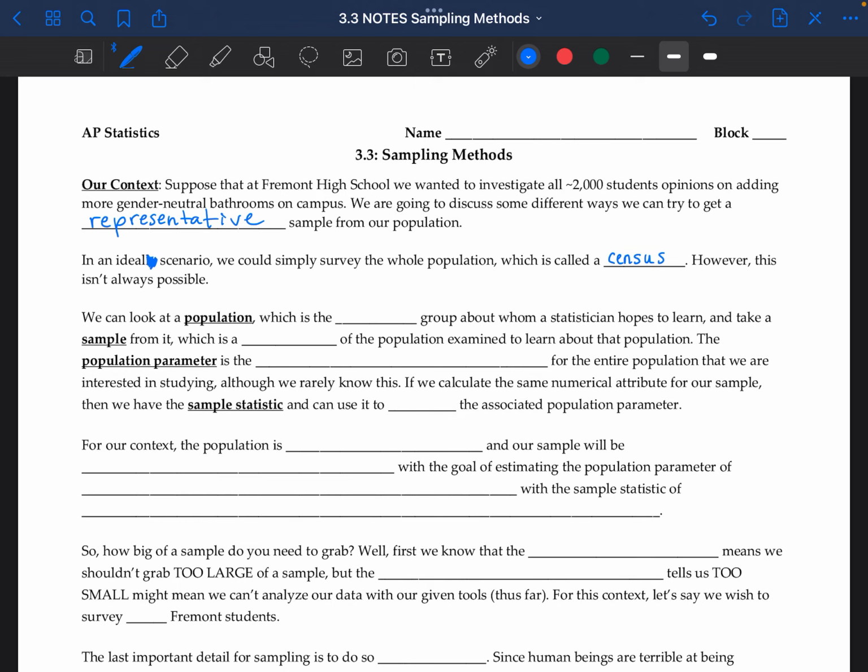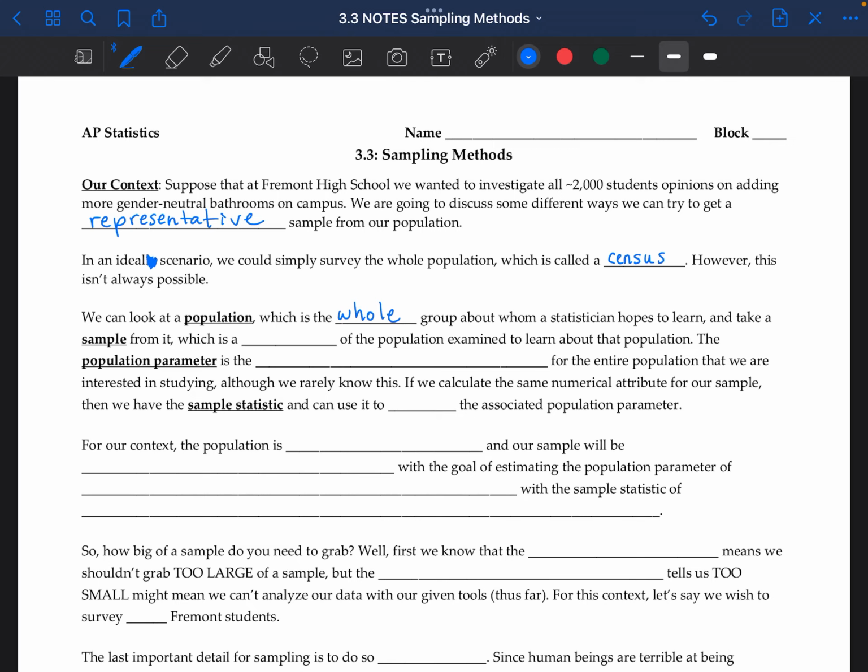We've talked about this multiple times throughout the year, and now we're going to lock down different ways of collecting a sample that could be representative of your population. The population is, of course, the whole group that we're looking at.